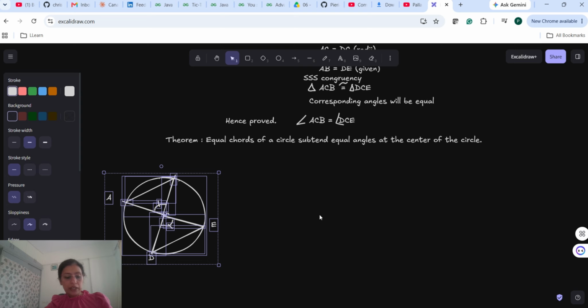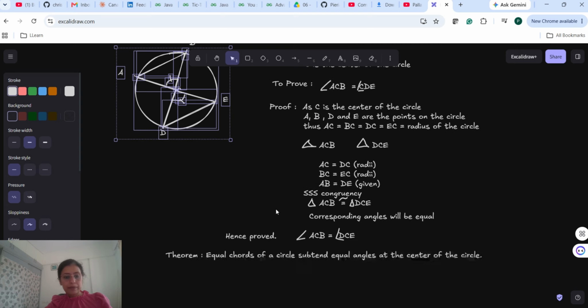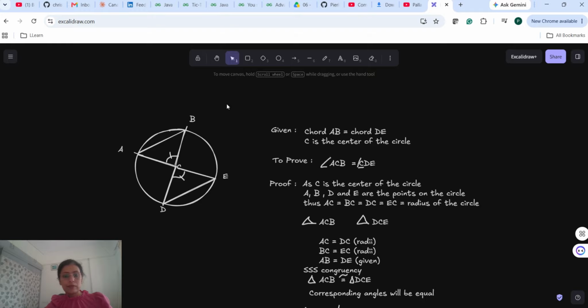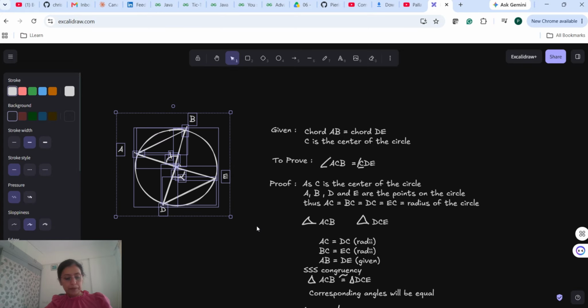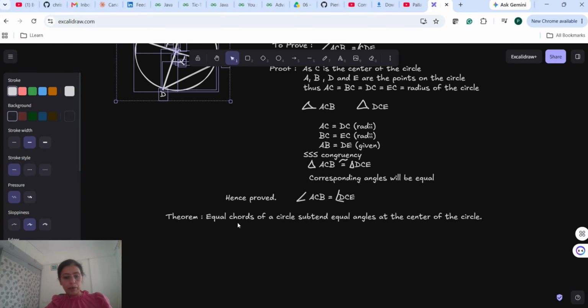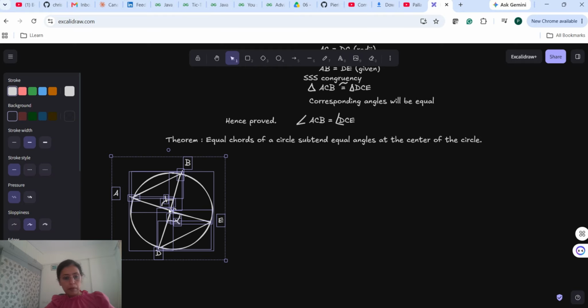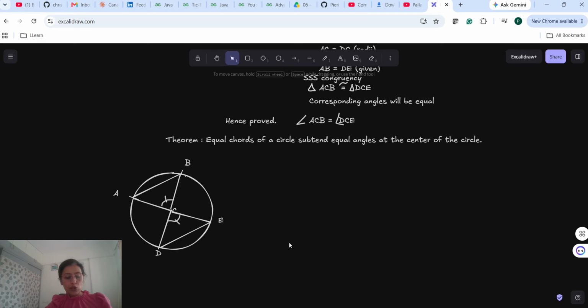I think the only thing it did not copy is B. So let me try copying it again so that we have the complete thing. Okay, copy and paste here. Okay, so now we have the same circle, same two chords.